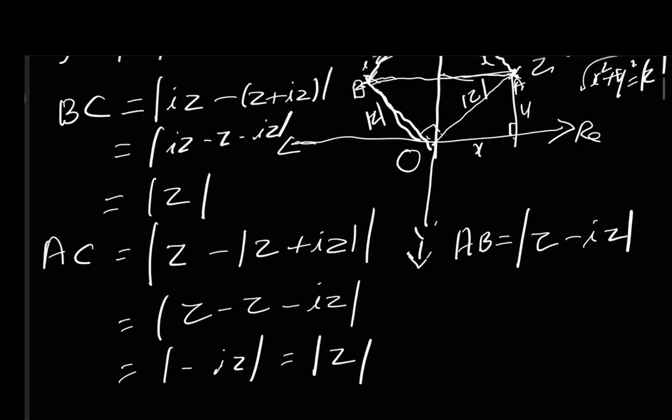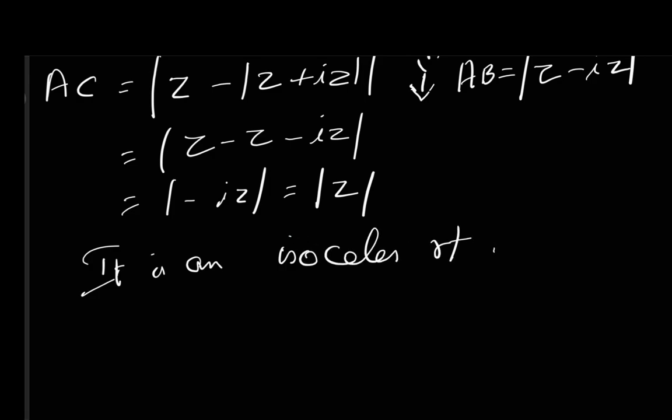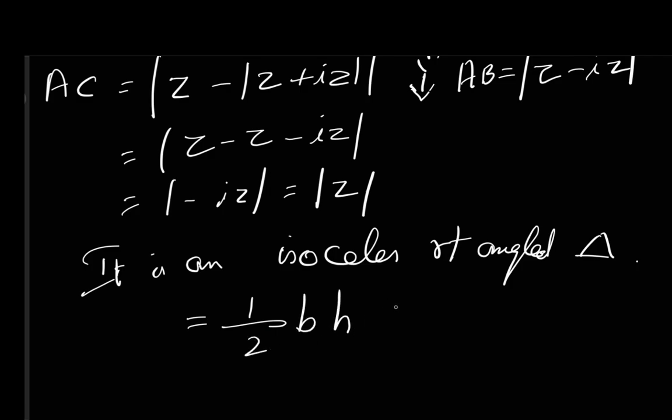See, this BC is modulus z and AC is modulus z. It is an isosceles right angle triangle. So the formula is half into base into height, in square units.